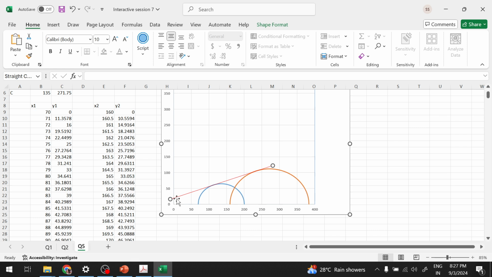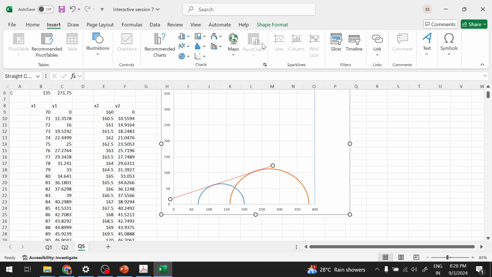So yeah, 20 is the intercept. And if you look at the angle, this here is 250.